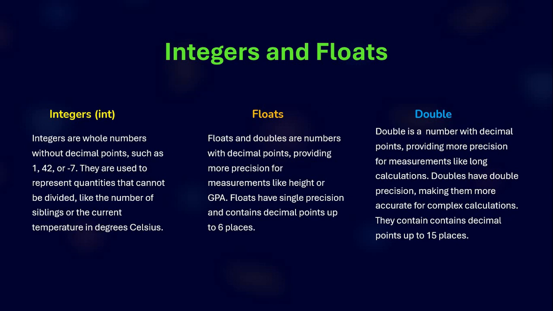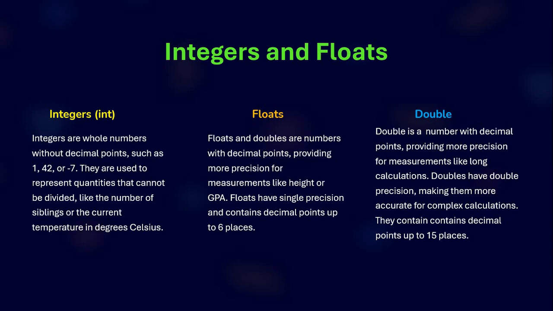So floats are decimal numbers, if you can say it that way, and they have single precision and contain decimal points up to 6. Then what about double? Double is a number with decimal points, providing more precision for measurements like long calculations.